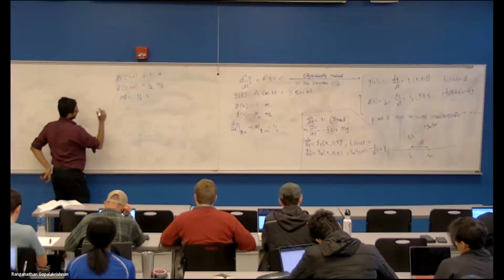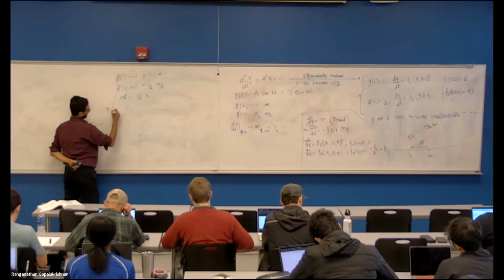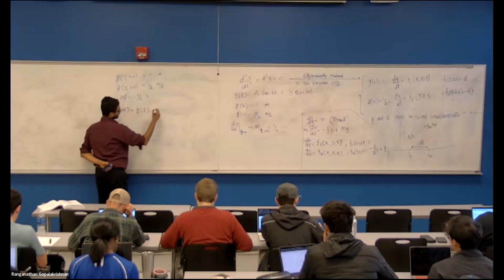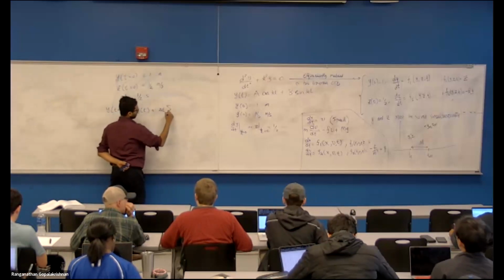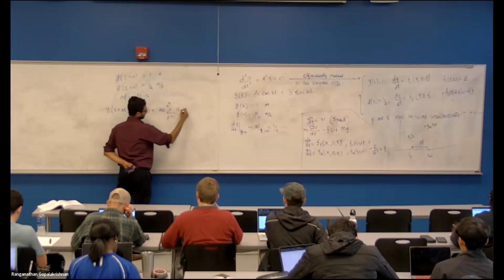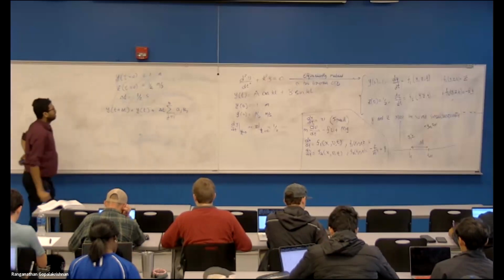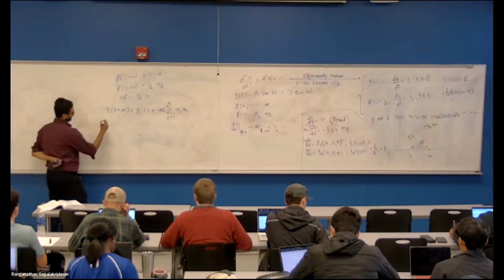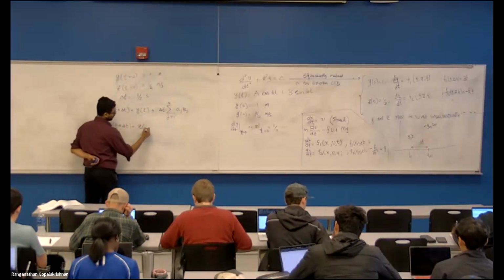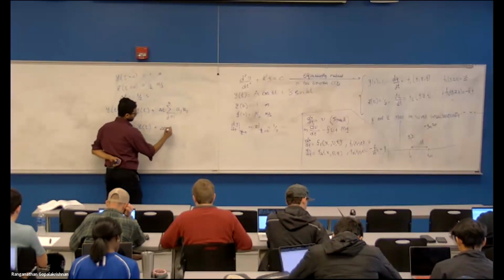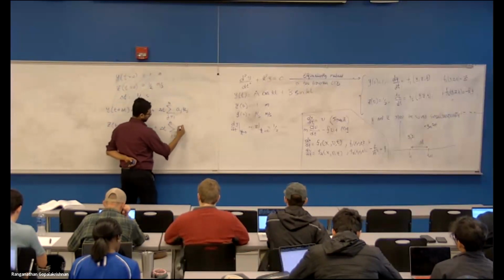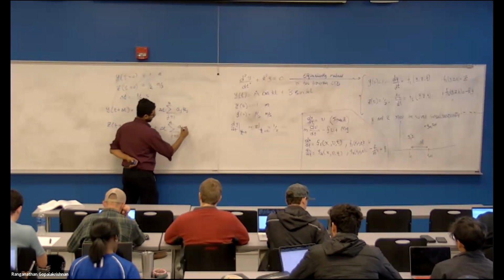So I have y at t plus delta t equal to y of t plus delta t multiplied by the sum over j equal to 1 to 4 of aj kj. And then I have z at t plus delta t equal to z of t plus delta t multiplied by the sum over j equal to 1 to 4 of aj lj.